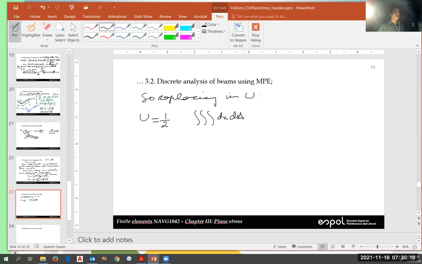First we include epsilon. So epsilon is equal to d transpose, so this is a row, times the second derivative of the N vector. And then we need a y, we put it here. We need a negative, but we also have another negative in the stress. So at the end, the two negatives will give you a positive.